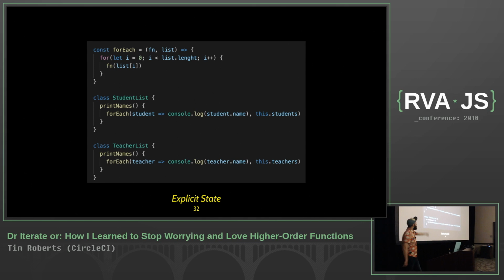Right? So now, in this domain, in this world, I can use forEach. In this other domain, in this other world, I can use forEach. ForEach is no longer tied to an instantiation of an object. It's tied to an array, any array, right? And that's super cool, I guess.